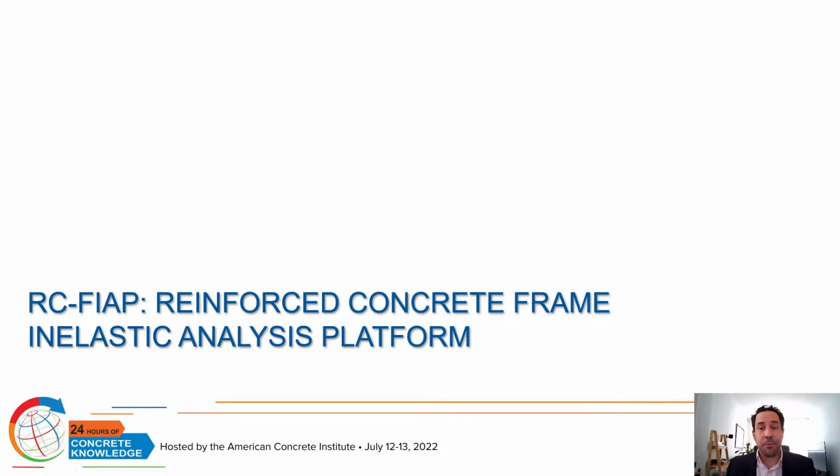Given that we had to run many archetypes for the study to be valid, we developed RC-FIAP, which is the Reinforced Concrete Frame Inelastic Analysis Platform, an open platform developed by Víctor Ceballos, one of my students, in OpenSeesPy.